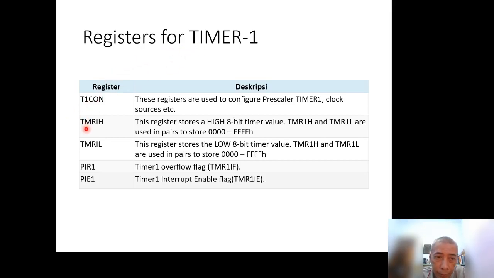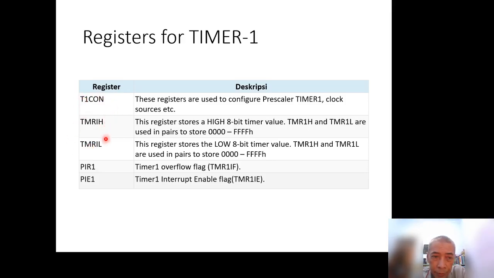The second ones are TMR1H and TMR1L. TMR1H is to hold the high 8-bit timer value, and TMR1L stores the low 8-bit timer value.